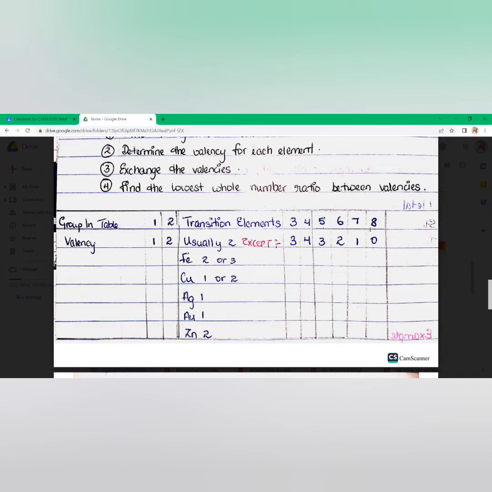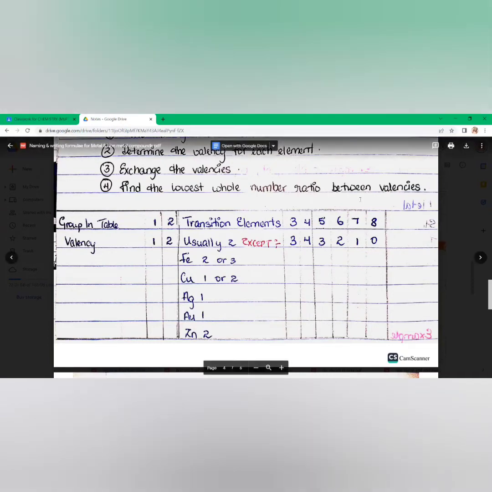So let's put this into some practice now. Let me share my screen. I'm going to put up the whiteboard. So we're going to take them simply one at a time and see how it's done, right? Obviously, we are following our rules. So let's say, for instance, I want to personally write the formula for sodium chloride.